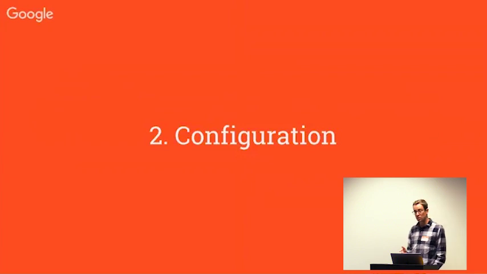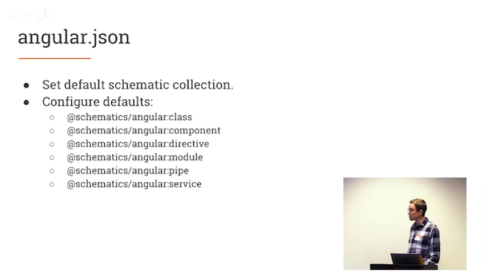But one of the things you can do with the angular.json file is configure the Angular CLI ng schematics. You can set the default collection, and you might have done that if you've used the Nx schematics or the NgRx schematics. One of the steps is to set this default, so you might have done that before.